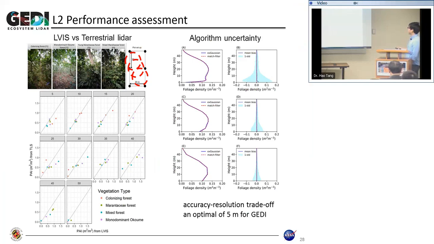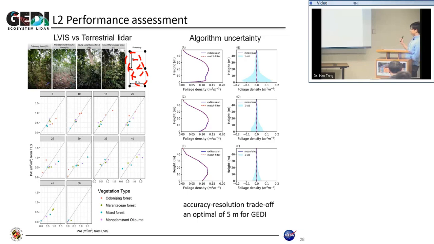I also calculated the algorithm-related uncertainty. Not surprisingly, as we go to finer vertical resolution, you expect a somewhat larger uncertainty. But at a vertical resolution of about 5 meters or 10 meters, most of the algorithm uncertainty will be gone. This pretty much echoes our validation results, showing there's a slight trade-off between accuracy and vertical resolution.